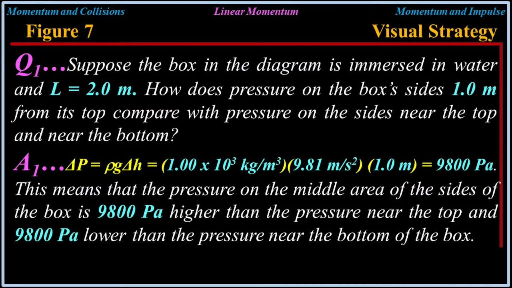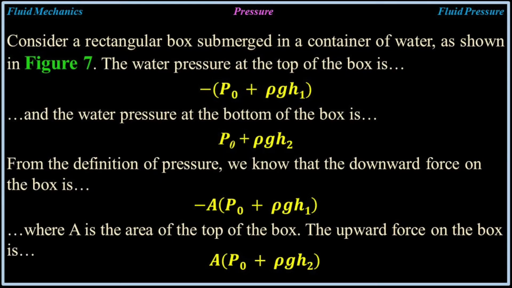Delta P equals rho g delta h, which all equals 9,800 pascals. This means that the pressure on the middle area of the sides of the box is 9,800 pascals higher than the pressure near the top and 9,800 pascals lower than the pressure near the bottom of the box.